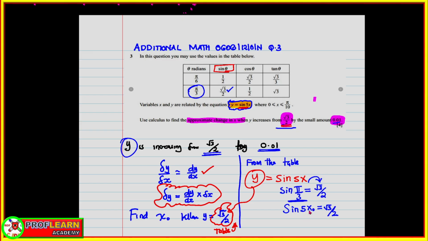This must be pi over 3 equals 5x naught, which means x naught is going to be equal to pi over 15. So our x naught here is pi over 15.